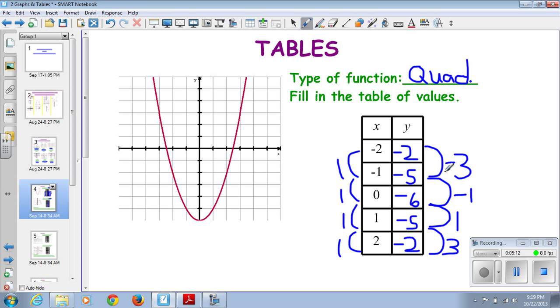So our rates of change are -3, -1, 1, and 3. This is not a constant rate of change, but the rate of change itself changes each time. It increases by 2.